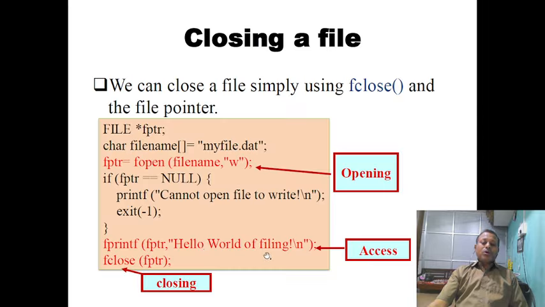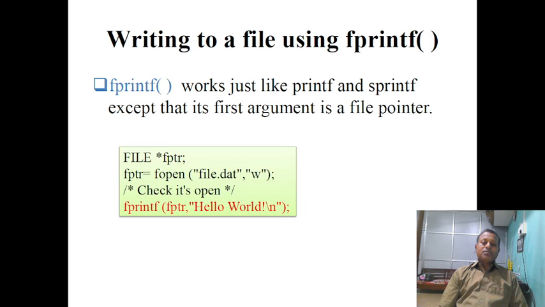Then fclose of fptr closes the file. So opening, accessing for operations, and closing the file are the three key steps in file handling in C.